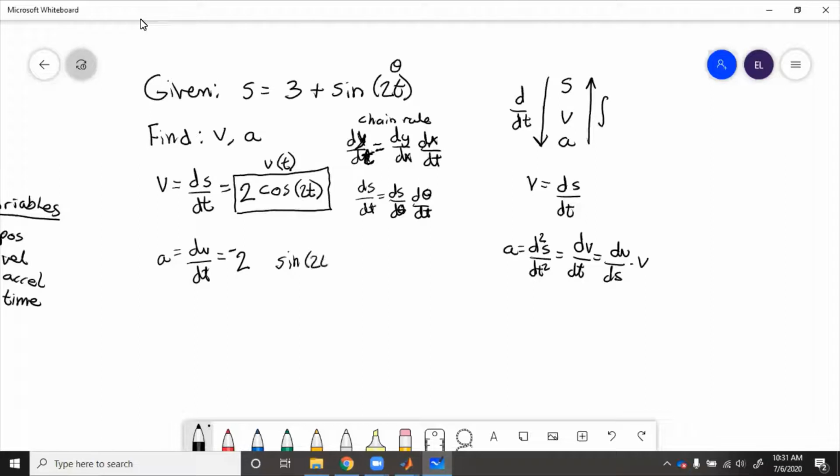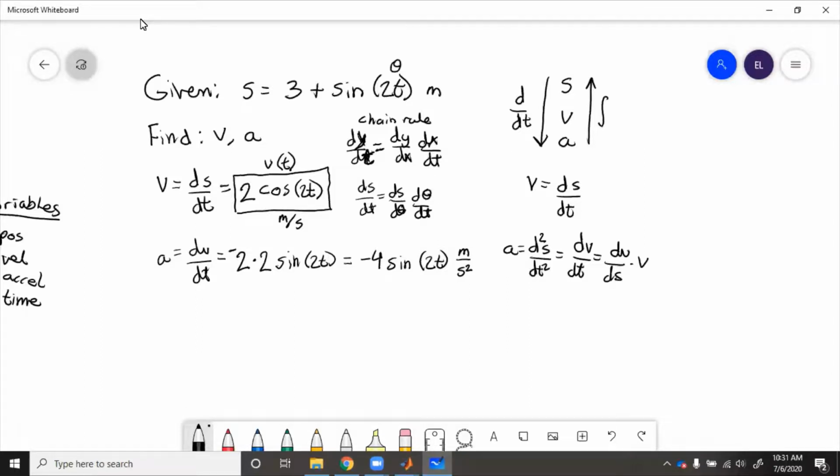Sine of 2t, but we have to use chain rule again, so multiply by 2. So that equals -4 sine of 2t. Now, if position is in meters, velocity is going to be in meters per second, and acceleration will be in meters per second squared, because you're getting another t on the bottom each time.